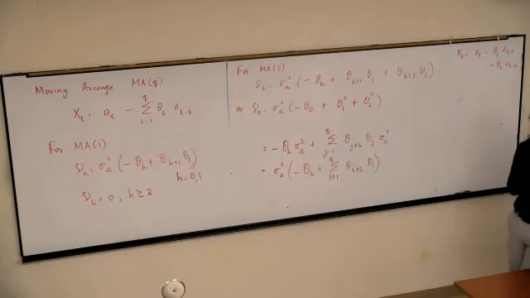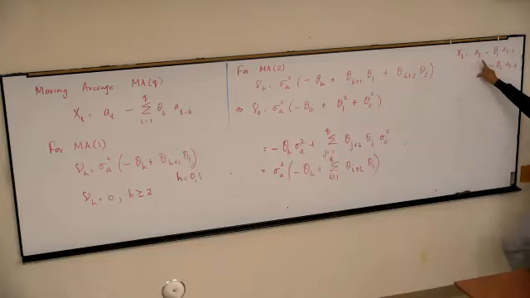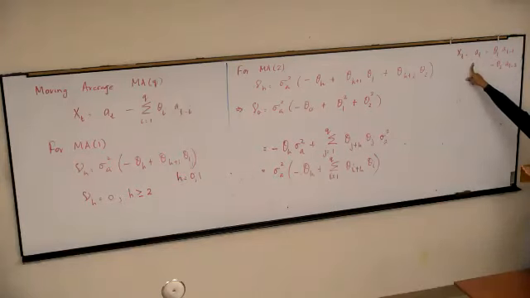It is sigma squared A times 1 plus theta 1 squared plus theta 2 squared. This might sound weird, but if you go with the same convention of minus theta 1, minus theta 2, that has to be minus something.